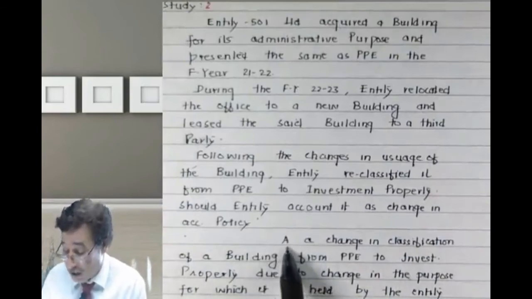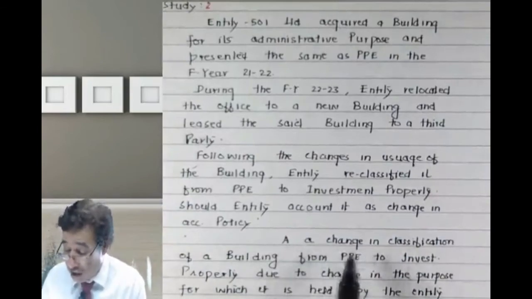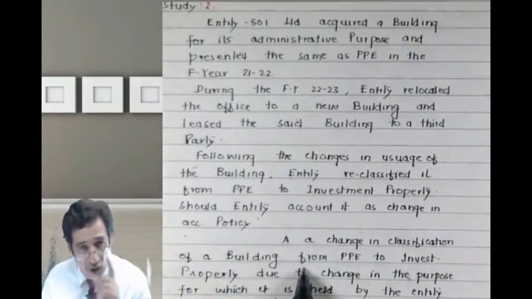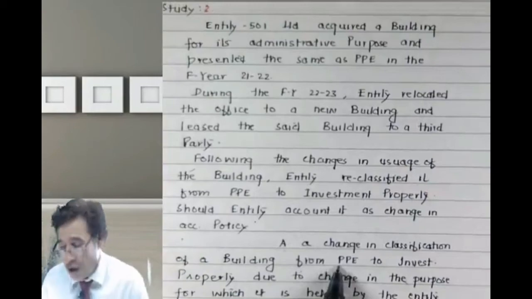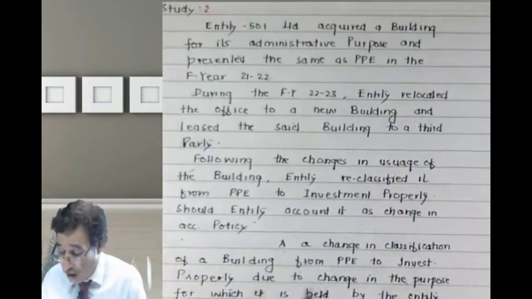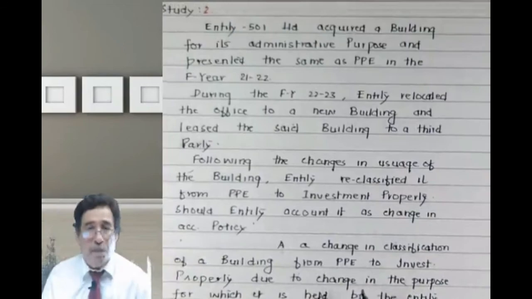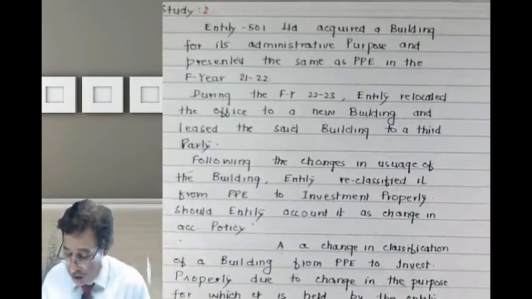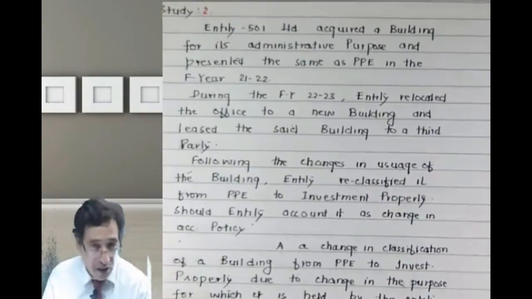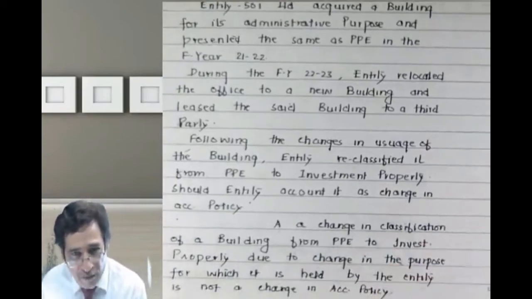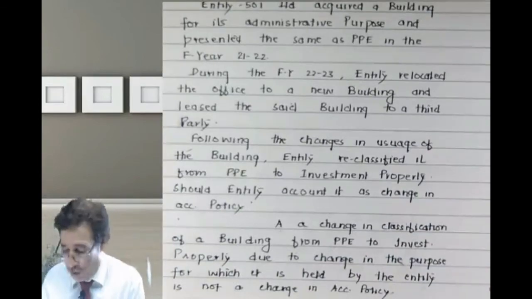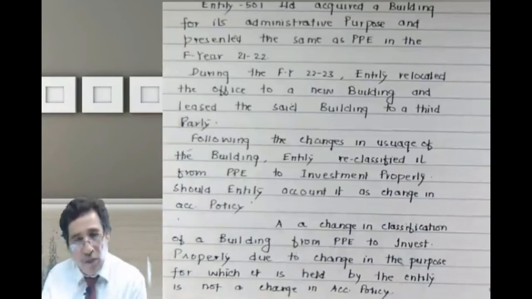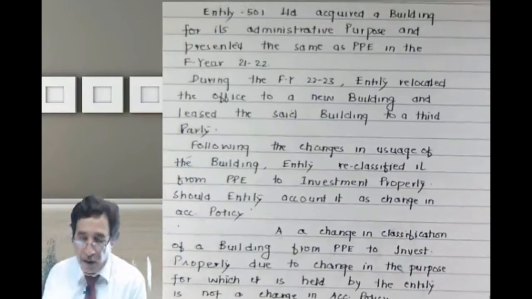Because the standard says, and this is your answer also, a change in classification of a building from PPE, that means from owner-occupied property, to an investment property due to change in purpose for which it is held by the entity, is not a change in accounting policy. That means whenever we adopt something new because of a change in purpose, that cannot be considered a change in policy. But the point here is that it will become an investment property, no doubt about that. Is it clear to you?